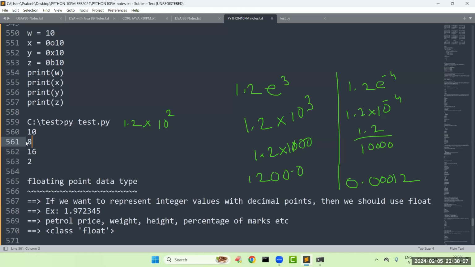See, it is also an integer, but the representation is in the form of octal values, right? Yes, correct. You can take the values in decimal, or you can take it in octal, hexadecimal, or binary. But programming languages will consider only one form. Which form?